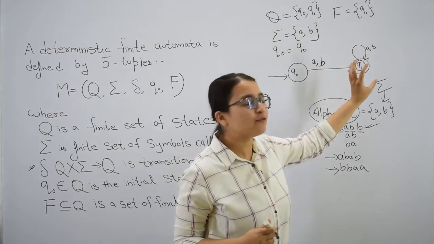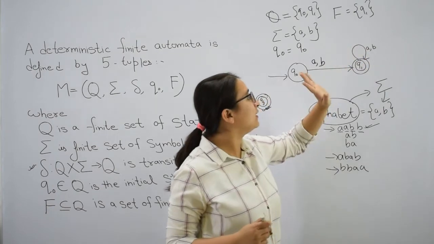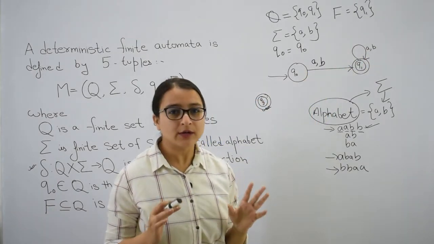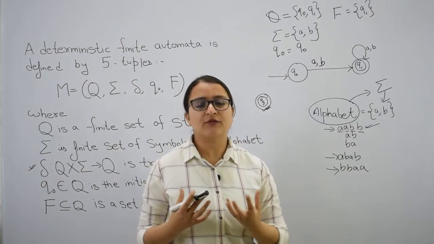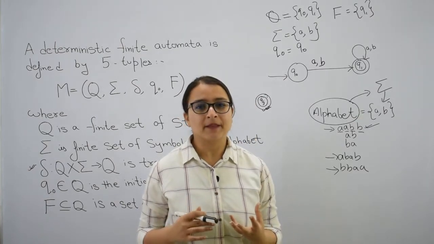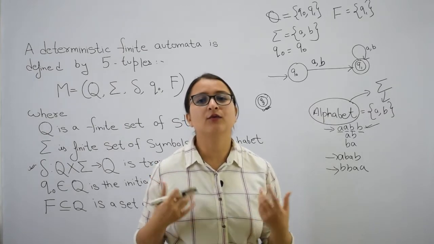Okay. Now, I have one self loop over here. You can also use a self loop. What it means is that if you are in Q0, you get an input A, you remain in Q0. That may happen like, suppose you are in a country X, you apply for a visa, it gets rejected, you remain in that country, you don't go out.